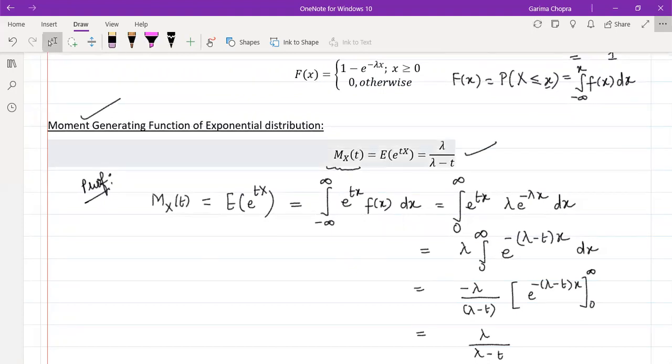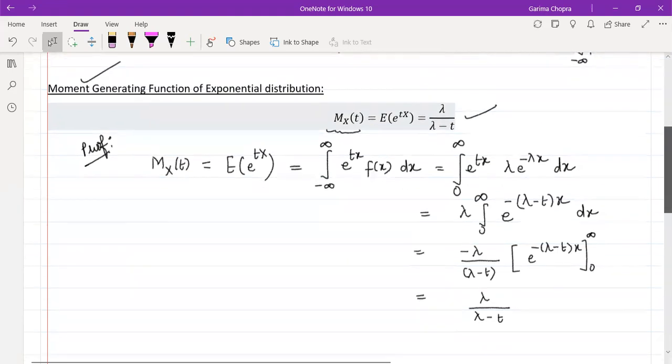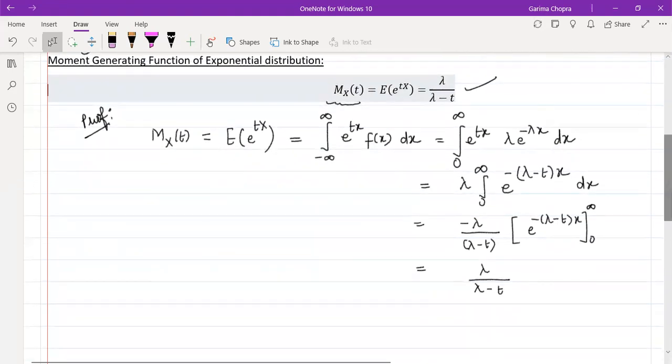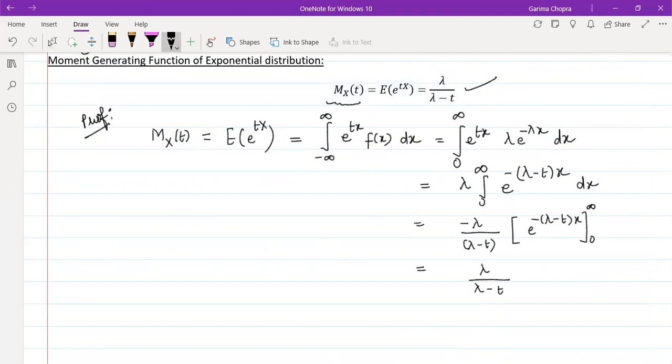Now we have a very good result that if we read the coefficient of t raised to power r upon r factorial in the moment generating function, then that coefficient is the rth moment about origin. Means what we are saying here, we know that this is the rth moment about origin.